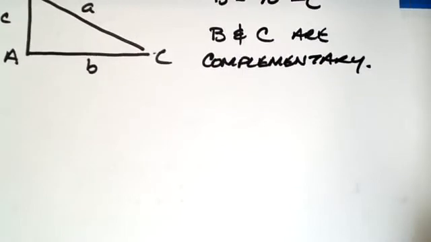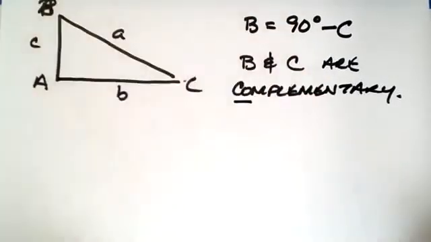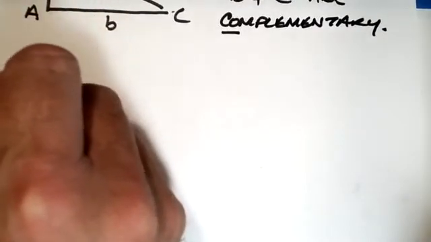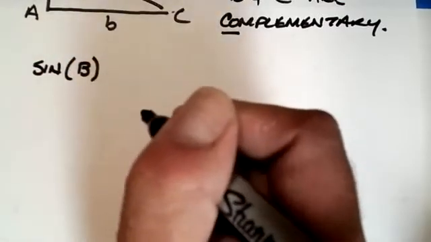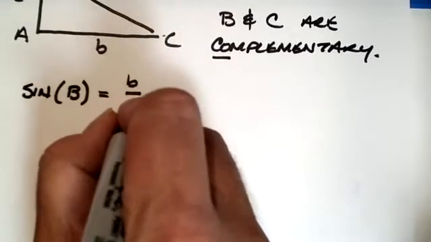Well, if you're wondering where the names of these different functions come from, this is where it comes from. It's the co in complementary, and I'll show you exactly what I mean by that. So if we were to look at the sine of angle B, notice that that is B over A, right?